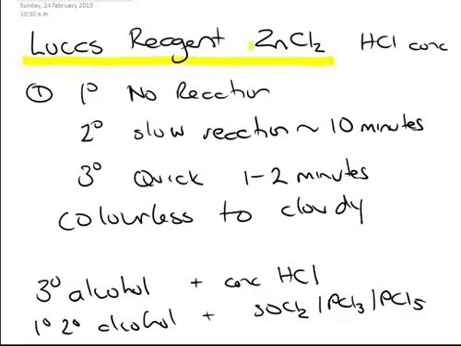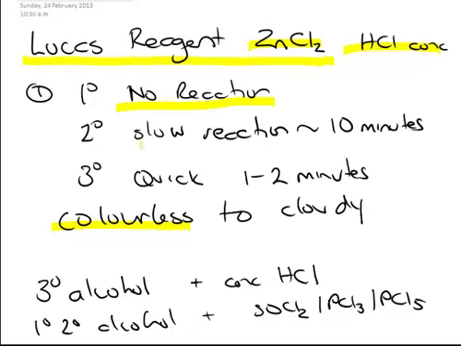Now the zinc chloride is a catalyst. The concentrated HCl, the Cl is what actually is reacting, substituting the OH. With primary alcohols there's no reaction, so it's going to stay colourless.